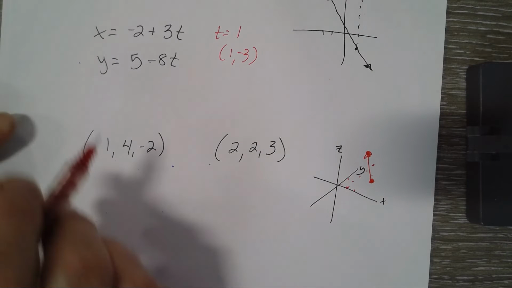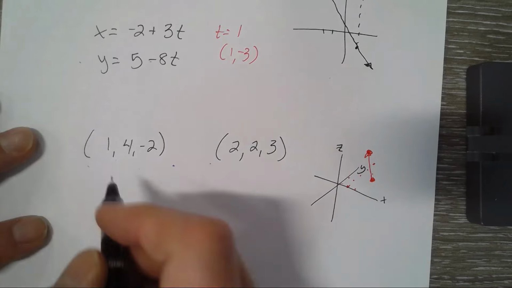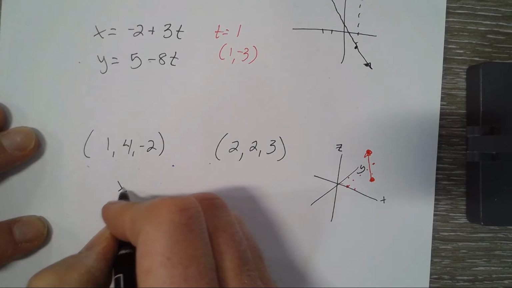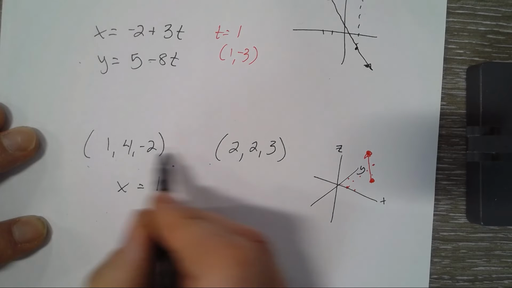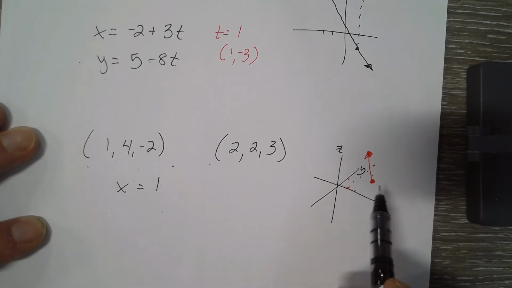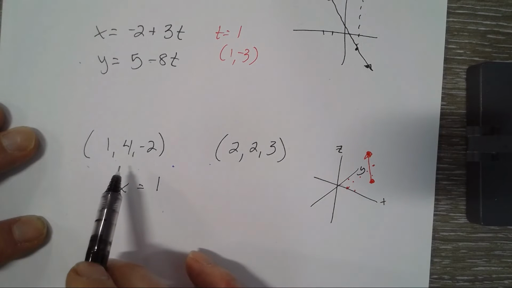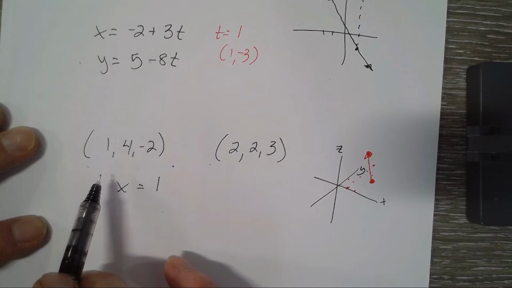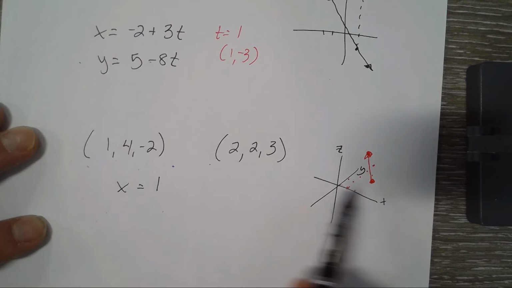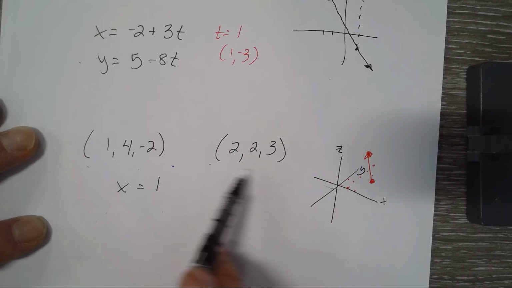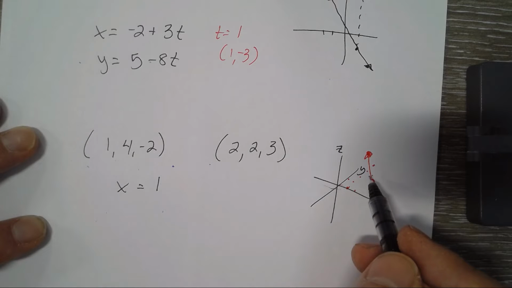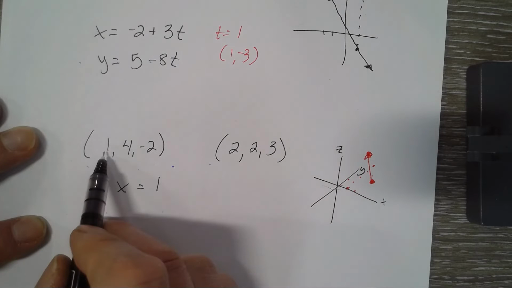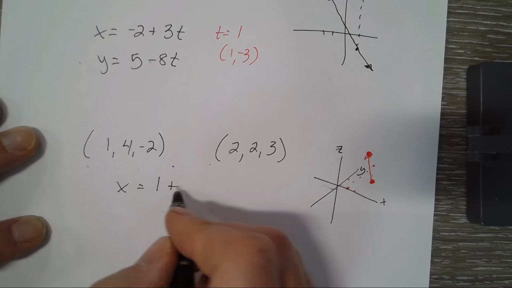So our x parametric, we start at 1 and we go up 1 to get there. So start at 1, go to 2, I'm going to go up 1t.